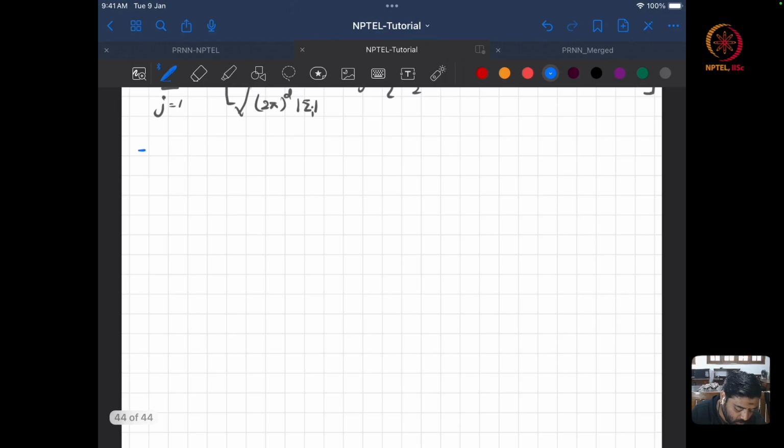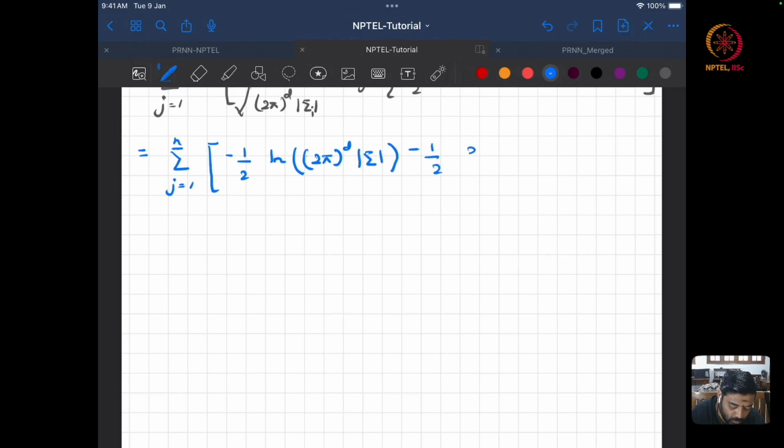So now this will be j equals 1 to n, minus half ln of e to the power of d, minus half xj minus mu whole transpose, inverse, xj minus mu.